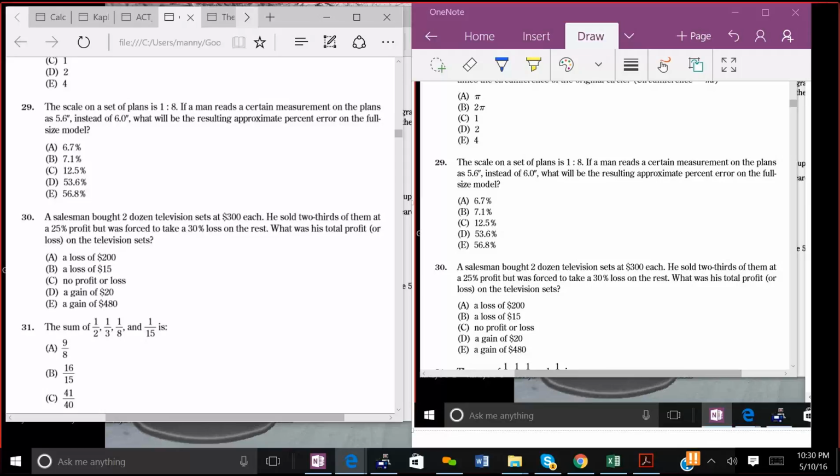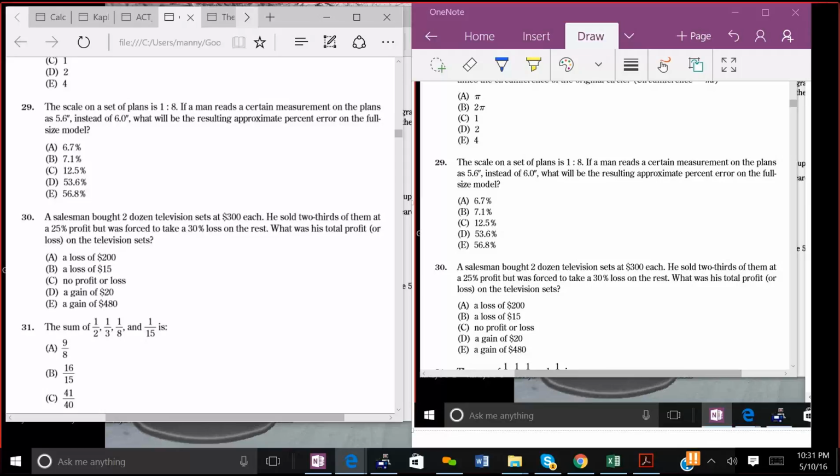Okay. Yep. So he sold those at 210 apiece. Perfect. 210 times 8. So he only sold those for 1,680. So his initial investment was 300 times 24, which is 7,200.